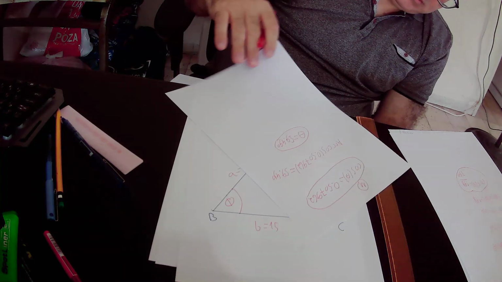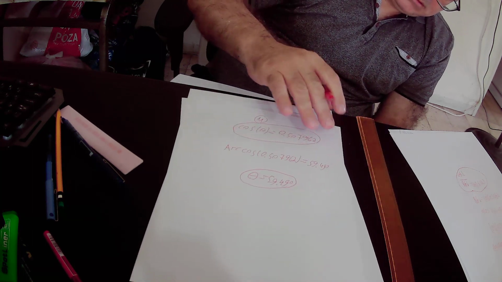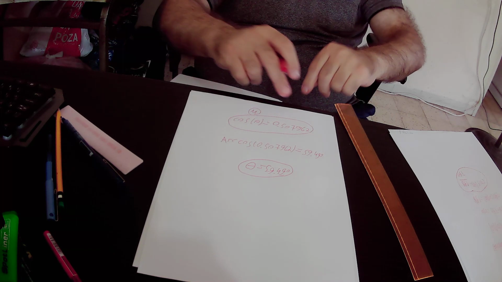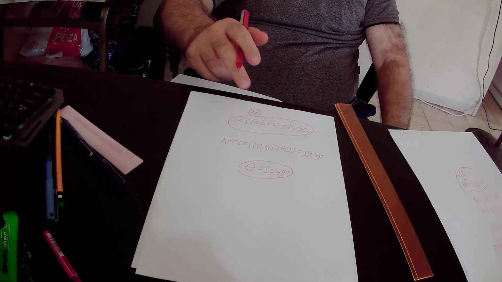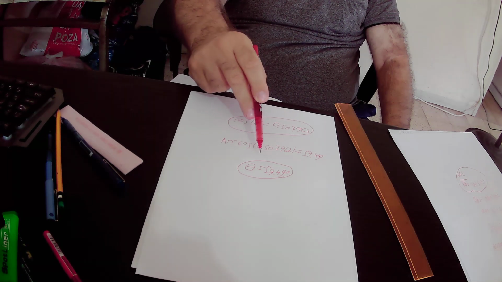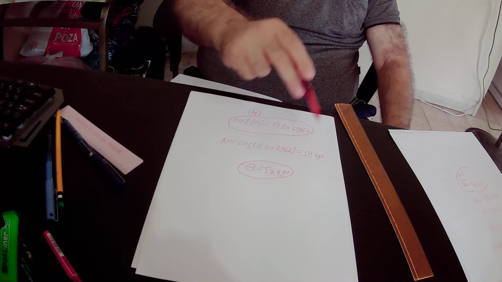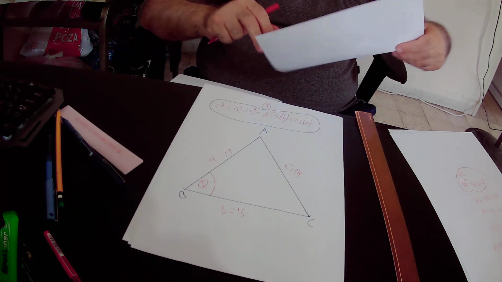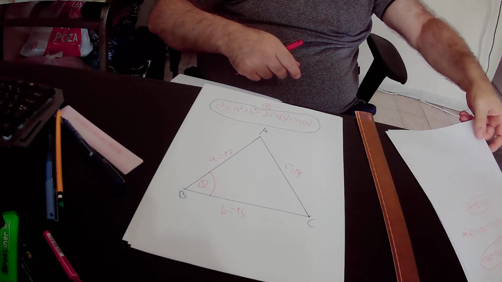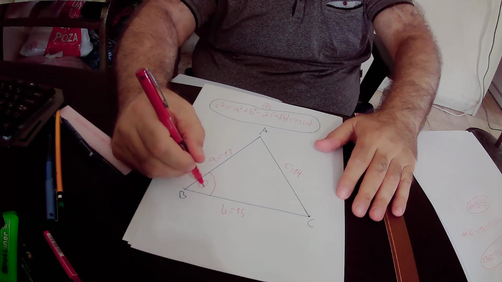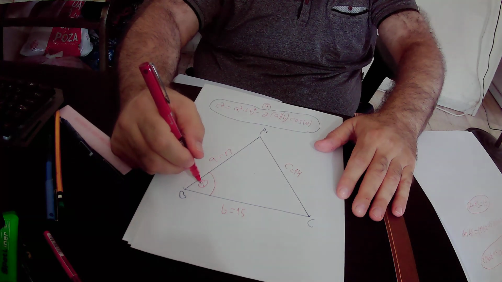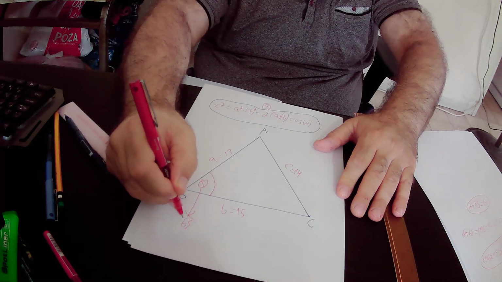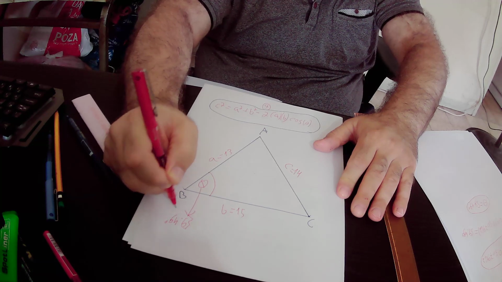Again, we operated the inverse function of cosinus, that is arc cosinus, on the outcome, and in this way we got the value of theta itself. Theta equals 59.49 degrees.